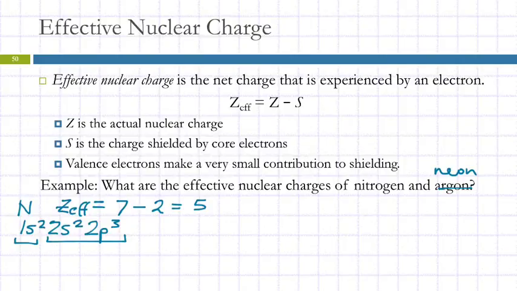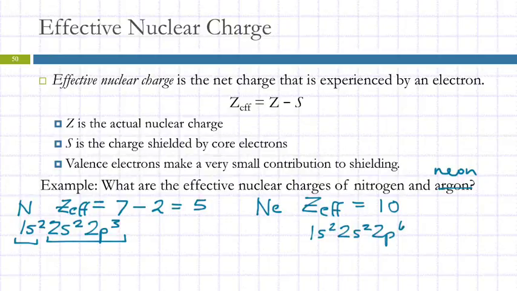Let's look at neon. How many protons does it have in its nucleus? 10. And if we look at the electron configuration for neon, these are the valence electrons, and here are the core electrons. We take the charge on the nucleus and we subtract the number of core electrons.